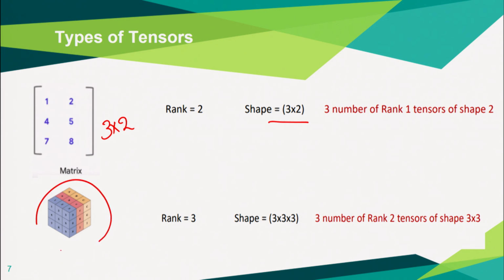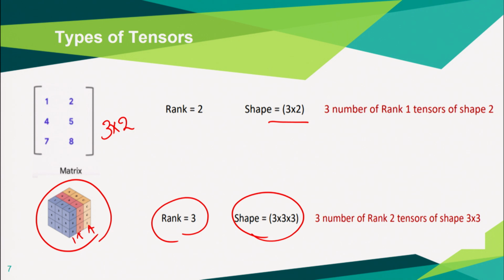Under this 3-dimensional tensor, the rank is 3 and the shape is 3 by 3 by 3. The blue part represents one tensor, the red part represents one more tensor, and the orange part represents the other tensor. In this way, depending upon the degree in which the tensor is defined, we represent it numerically like this.